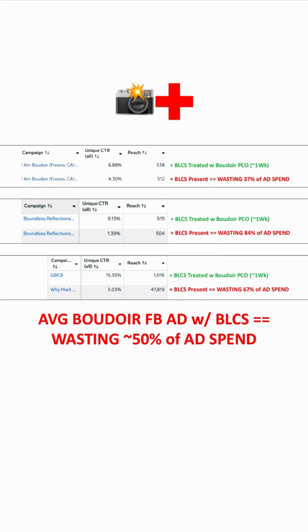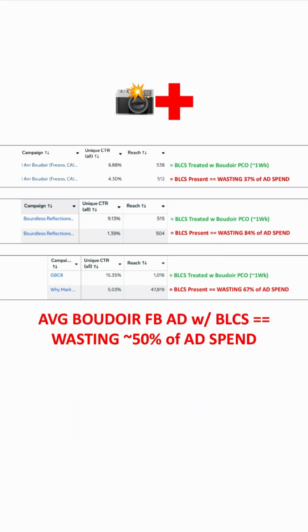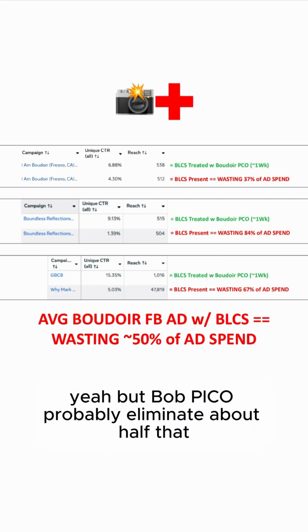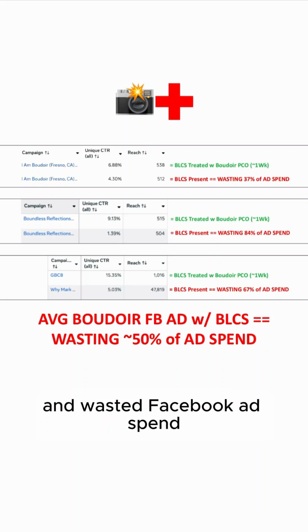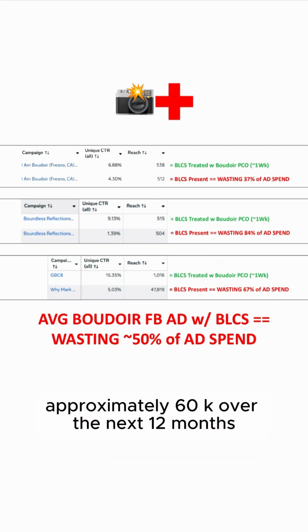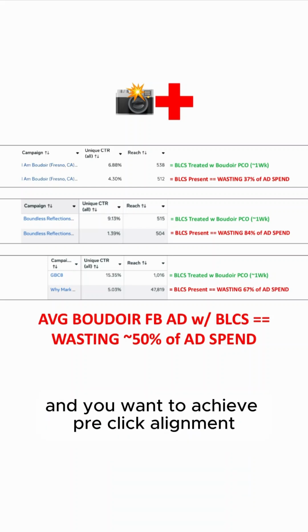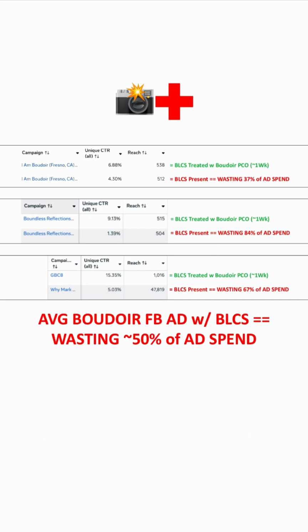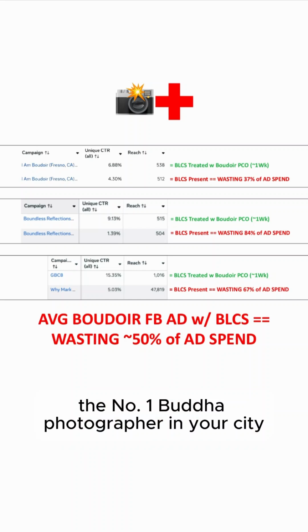And if you spend more than 10K a month, on average Boudoir Pico would probably eliminate about half that, about 5K a month approximately in wasted Facebook ad spend. Put that back into your pocket. You don't have to spend it anymore. Approximately 60K over the next 12 months. And so you want that, and you want to achieve pre-click alignment, become a dominant boudoir advertiser with Boudoir Brain Entry Boost, because that's what you need on your journey to become the number one boudoir photographer in your city.